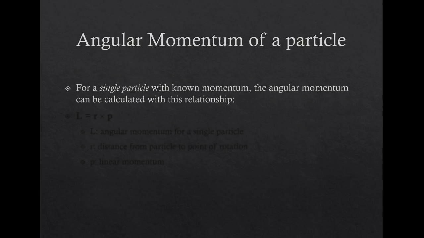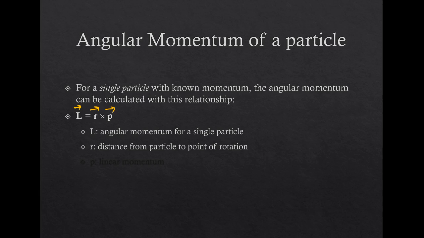So for a particle, if you know the momentum, you calculate the angular momentum with the equation L equals r cross p. L is the angular momentum, r is the distance from the particle to the point of rotation, and p is the linear momentum.